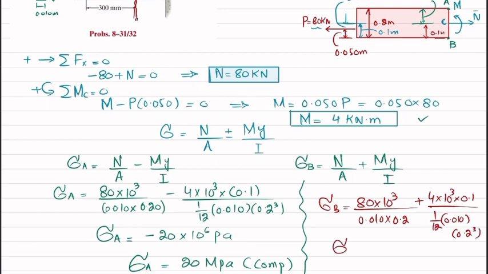So when you solve this, you will get sigma B comes out to be 100 into 10 raised to the power 6 Pascal, which means that sigma B is 100 megapascal. Since this is a positive value, we can see that sigma B is in tension.